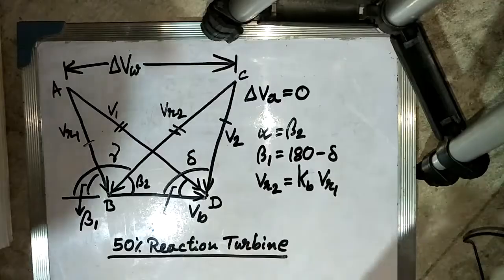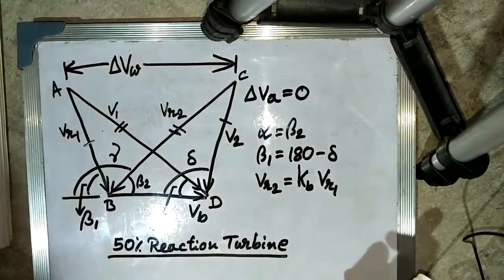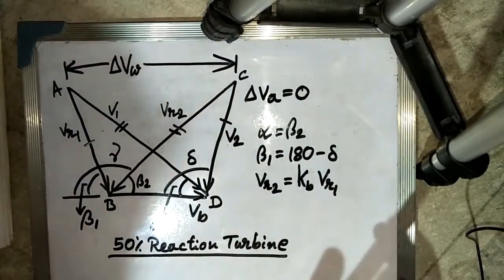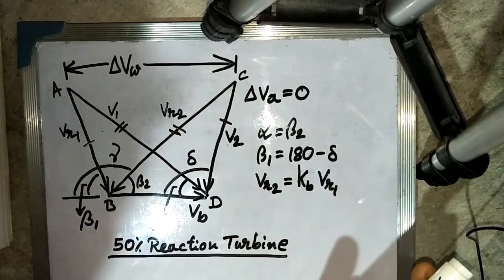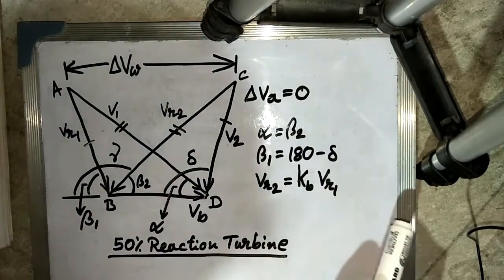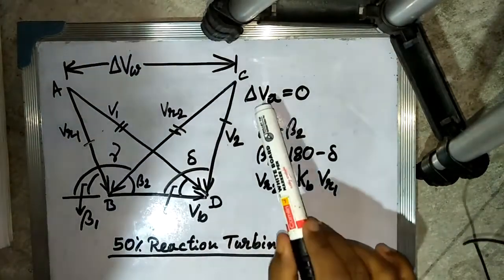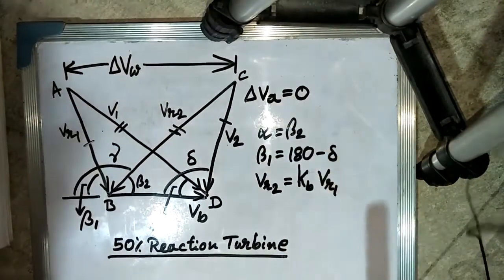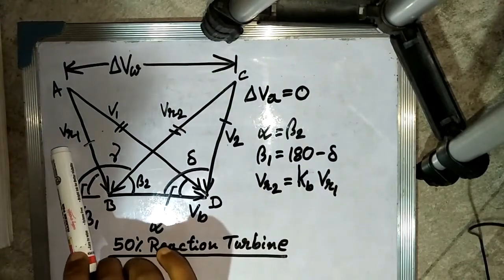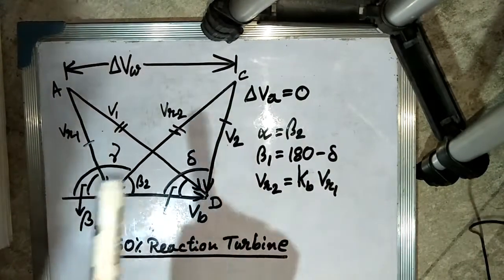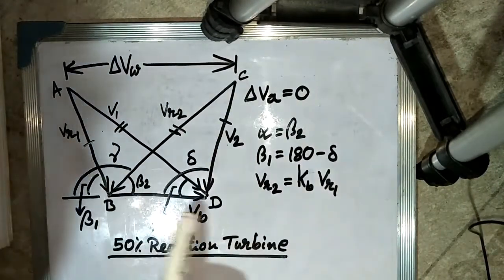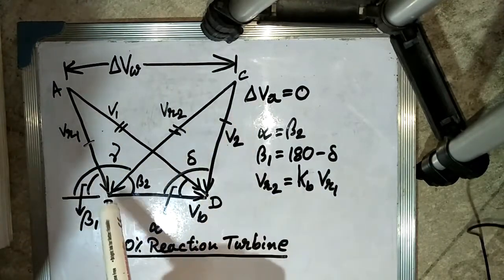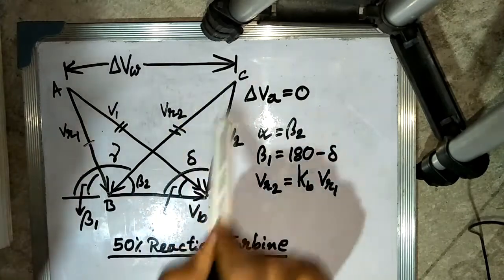This is the velocity diagram of a 50% reaction turbine. The diagram is the same as the impulse turbine, but there is one difference: delta Va is 0 for this kind of reaction turbine, and VR1 is equal to VR2, because ABD is the inlet side velocity triangle and BCD is the outlet triangle.